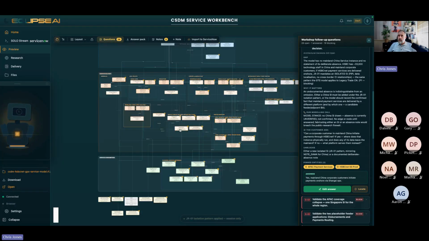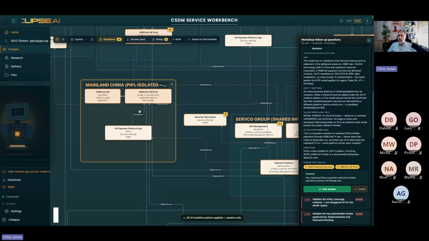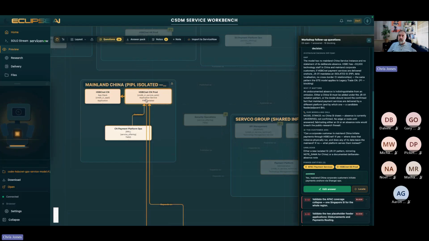So there's a difference here in that we actually have a productive environment that is represented here for mainland China. The global payment system is isolated from the Hong Kong, the Singapore, and the APAC region. This becomes important because when we're running change management processes or any ITSM process, we need to know the difference.